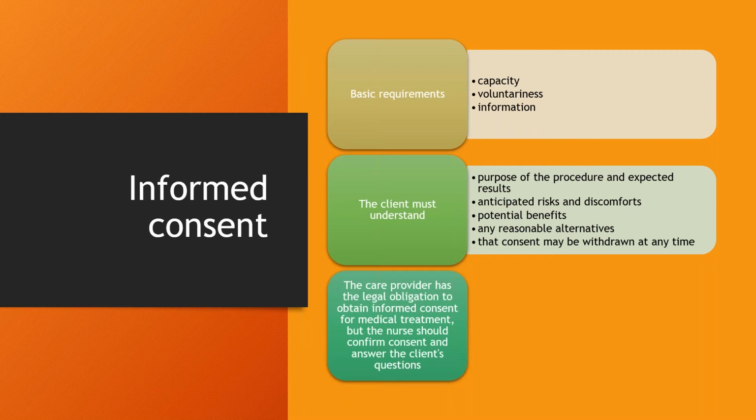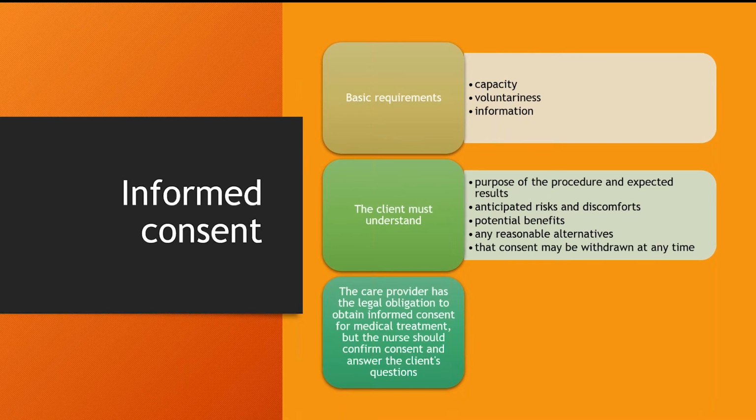They should not be forced or coerced into doing the surgery and signing the form. They must have the information to make a conscious, educated decision. So these are the basic requirements: they must have the capacity, they must sign the paper voluntarily, and they must have the information, which is education.